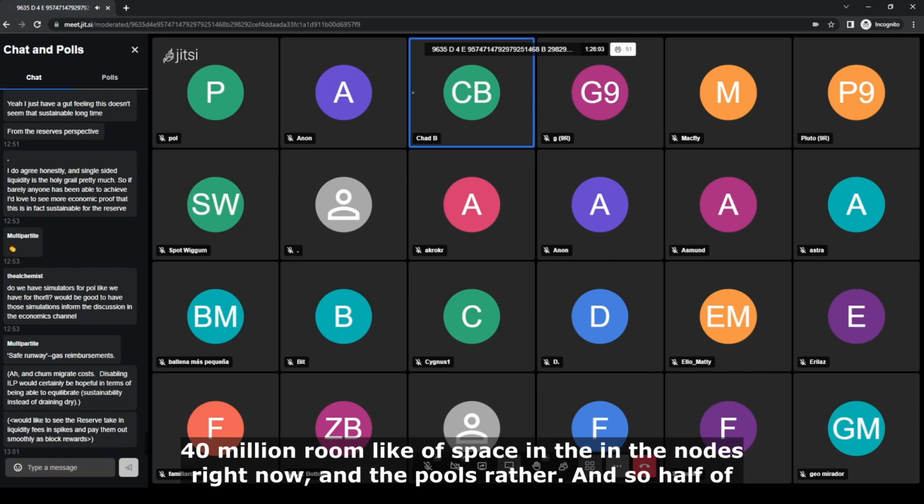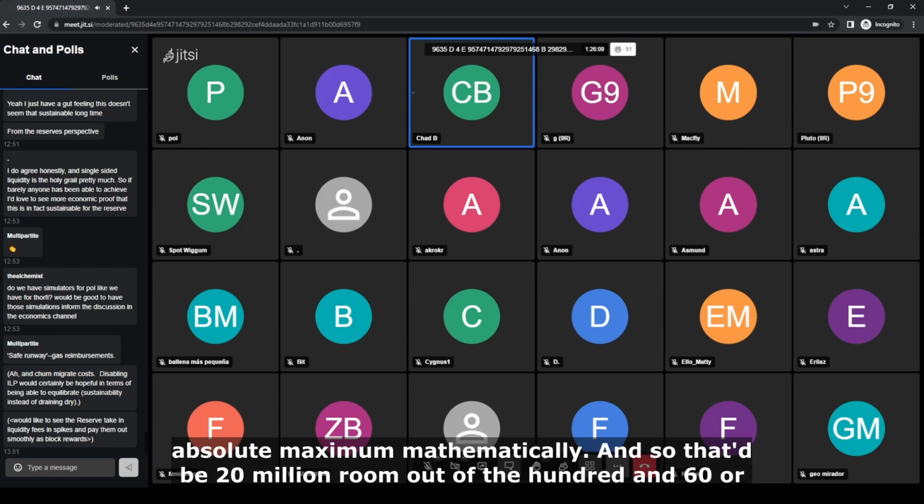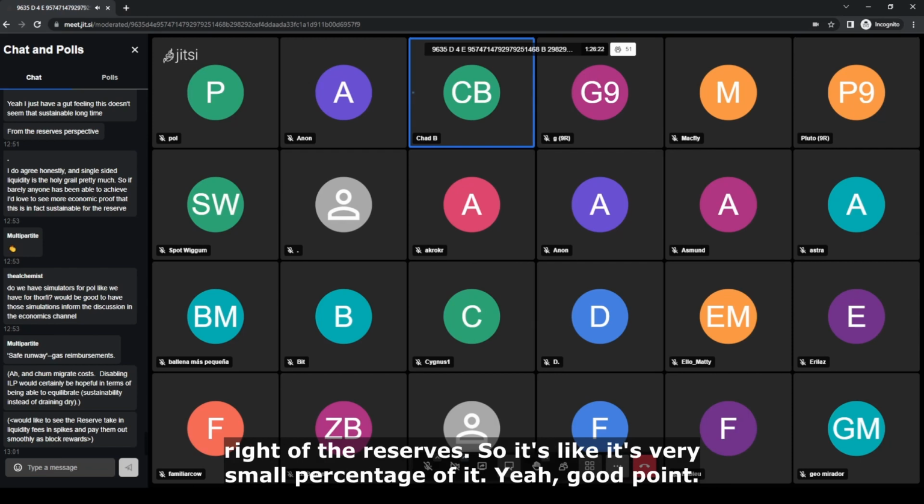Half of that could be added by the POL in the most extreme, ridiculous scenarios. It's the absolute maximum mathematically. That would be 20 million RUNE out of the 160 or 170 million, whatever the number is. It's barely even 10% of the reserve, so it's a very small percentage of it.